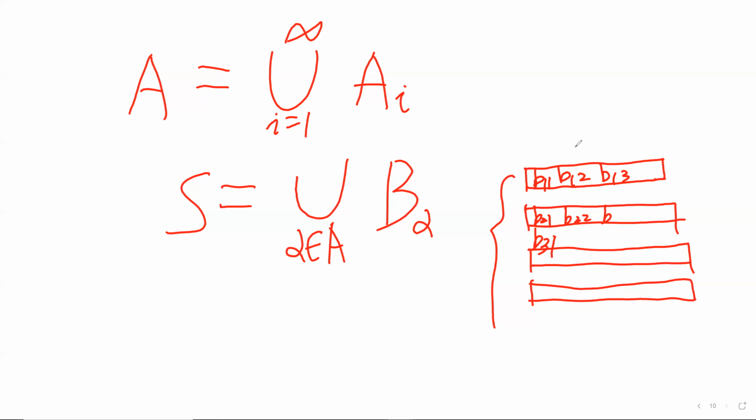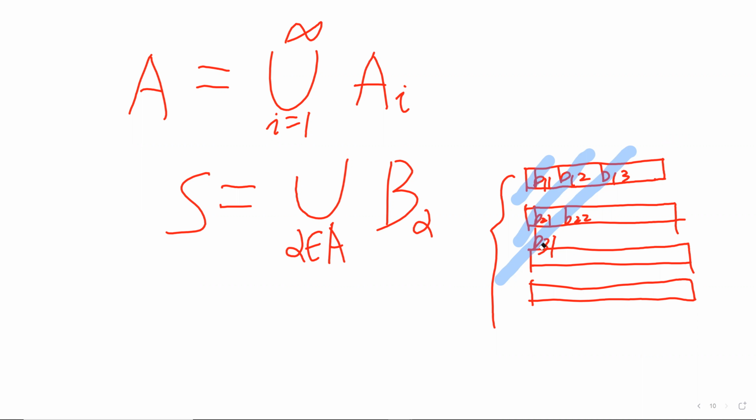So basically, we are counting diagonally. We are counting this way, this way, this way. And we can keep going on.